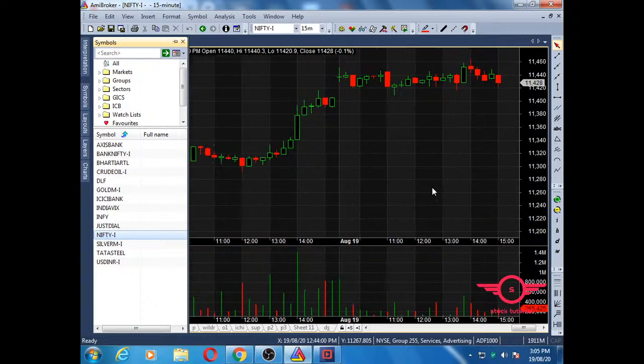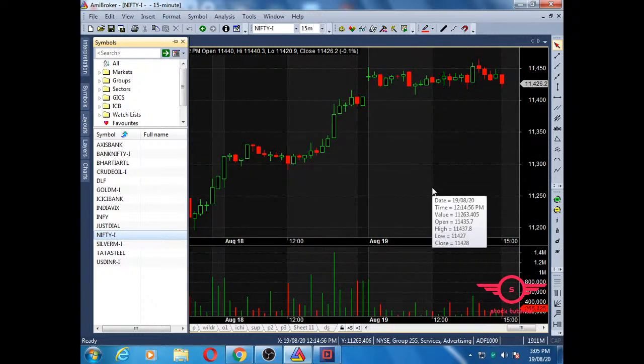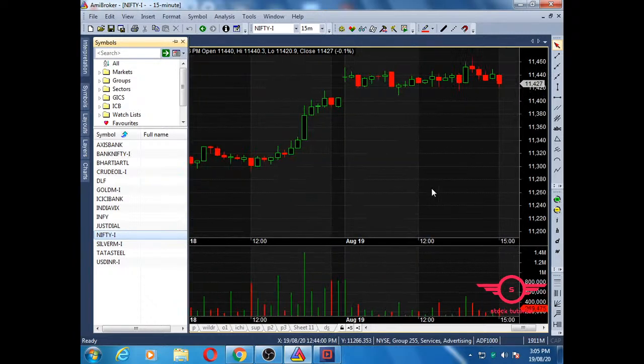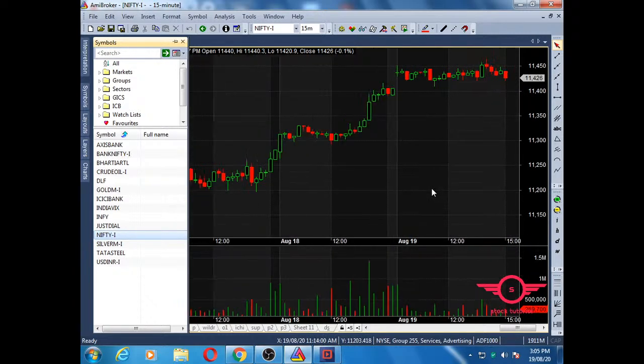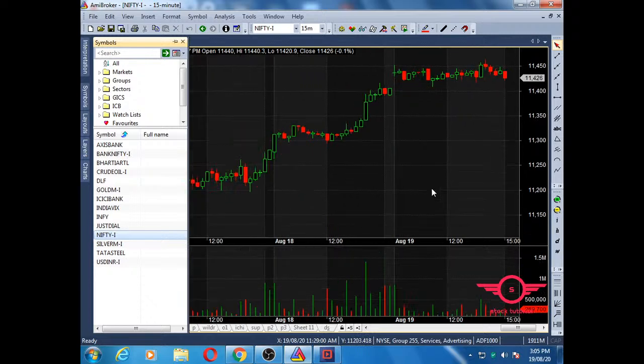Nifty, nothing to say. Very choppy. In that case, option premium is not so valuable.